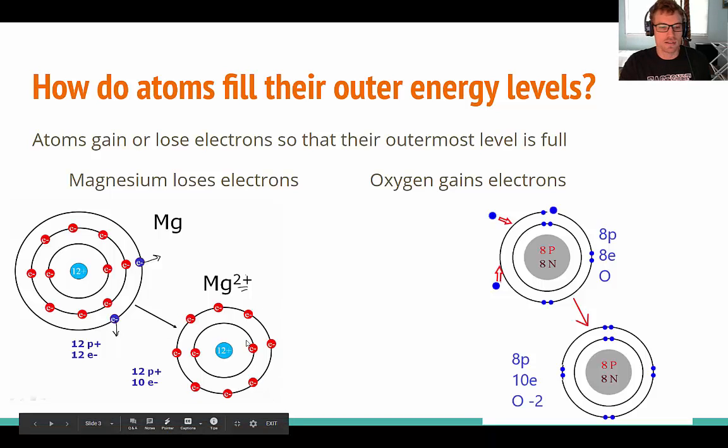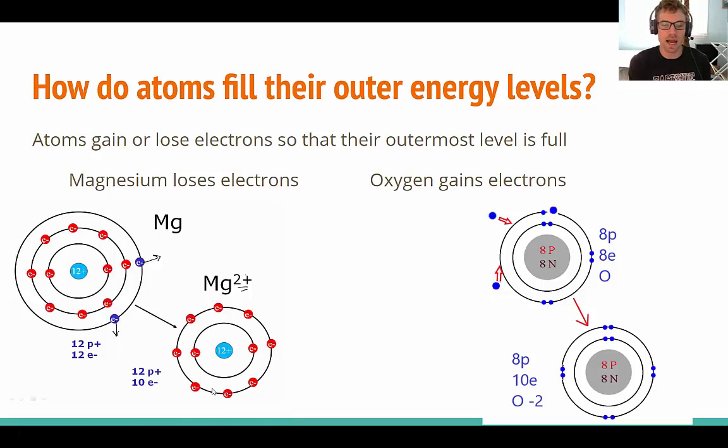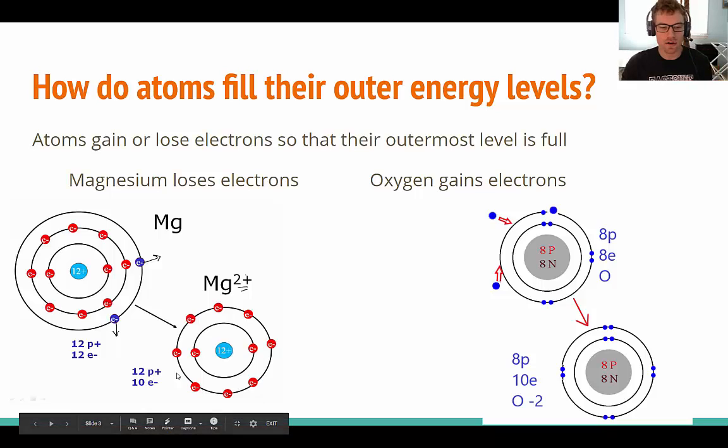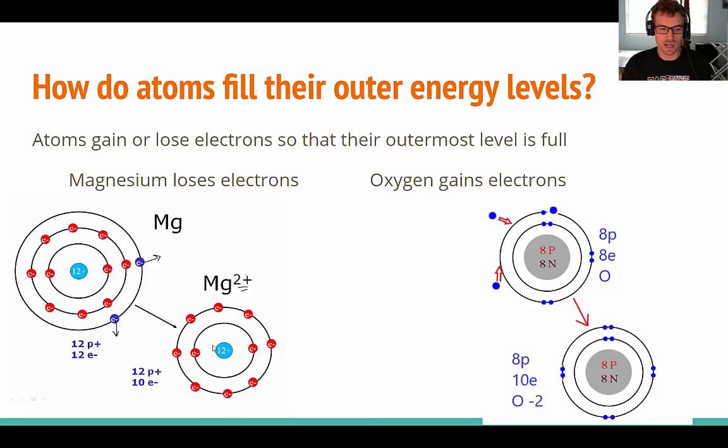Now it has 8 electrons in the outermost energy level. And relating back to what we were talking about on ions in our last video, now it only has 10 electrons. But the number of protons that is in the nucleus has not changed. And so therefore it is going to be magnesium with a +2 charge, because you have 2 more protons than you have electrons. All right. So that's our magnesium example.